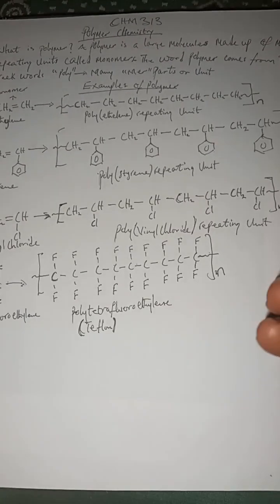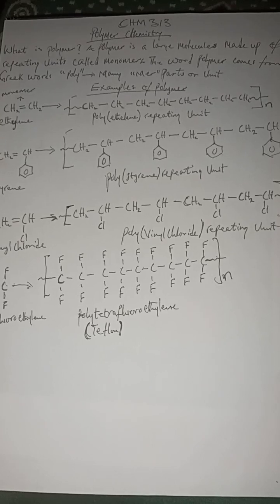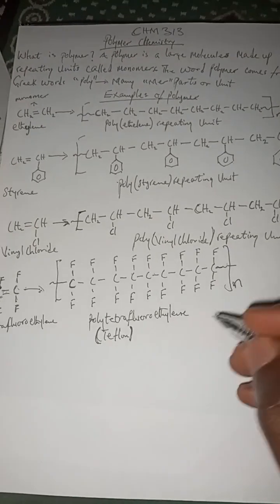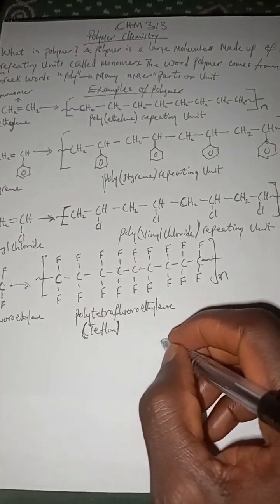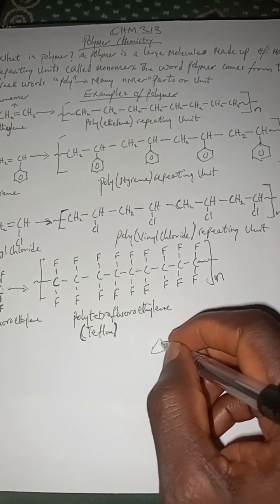If you look at some products like table water or Pepsi plastic bottles, you will see a particular place on the bottom where they show a triangle with a number one.